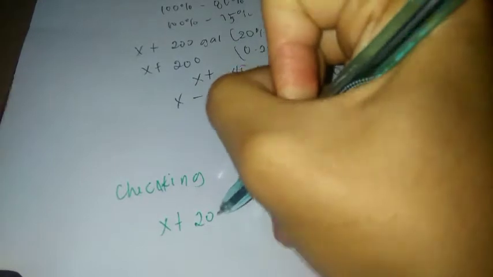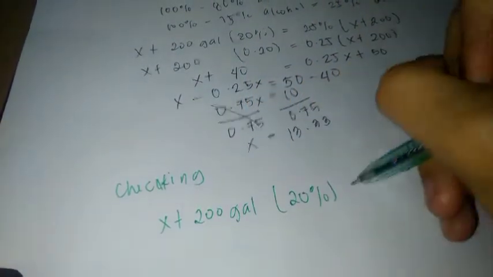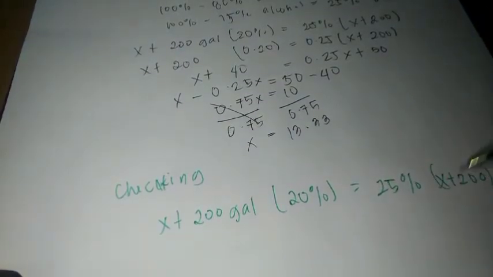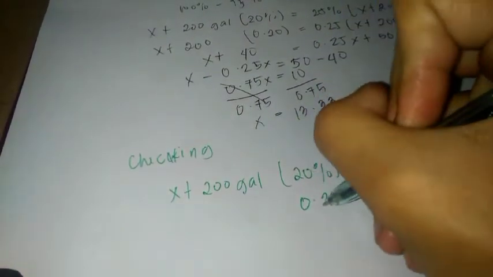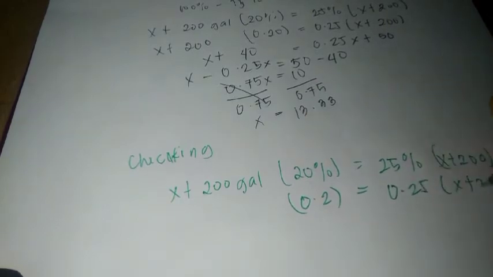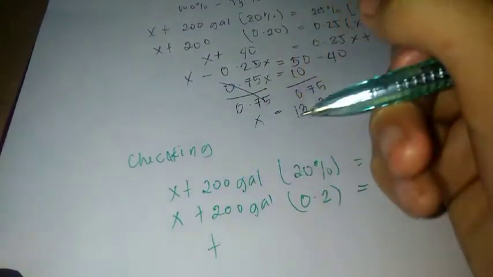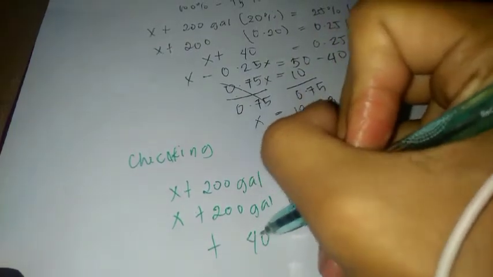So our equation is x plus 200. Let's multiply the 200 gallon to the other side, so we have 40.